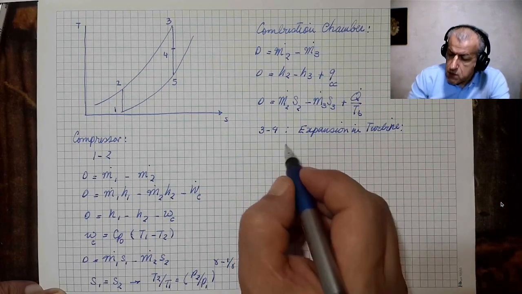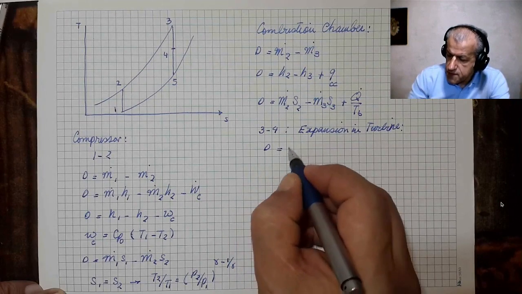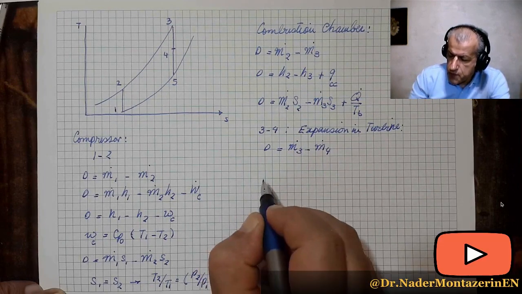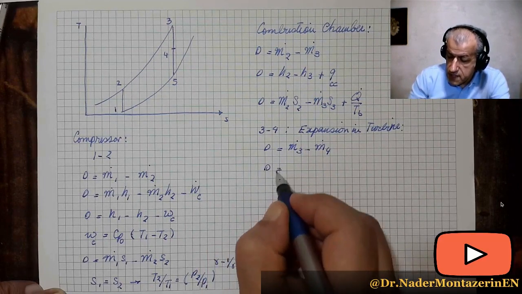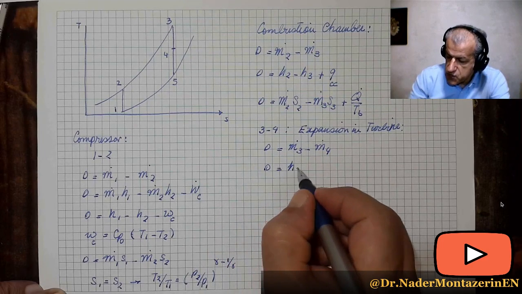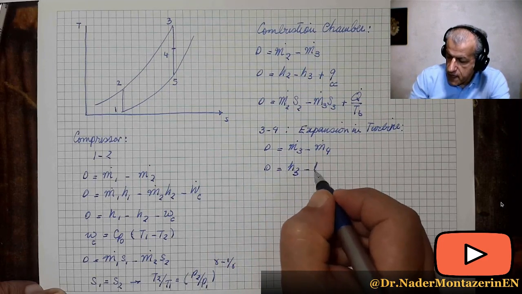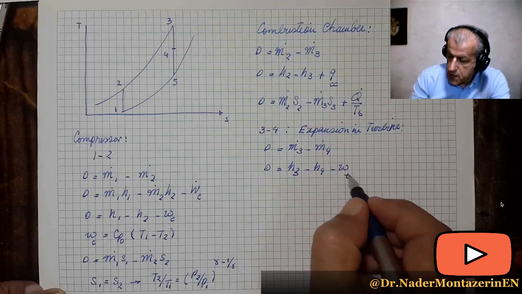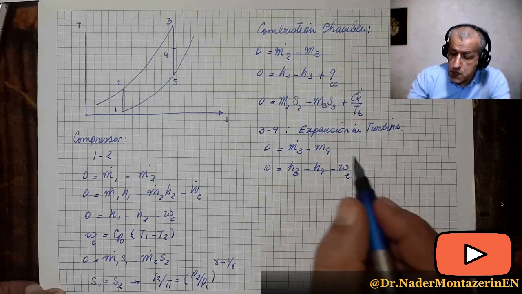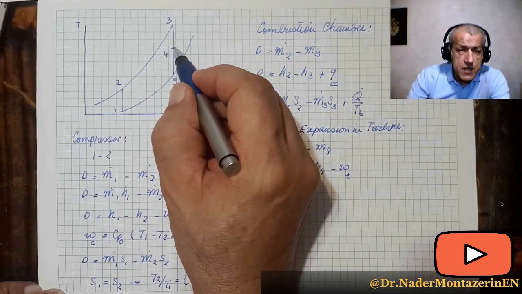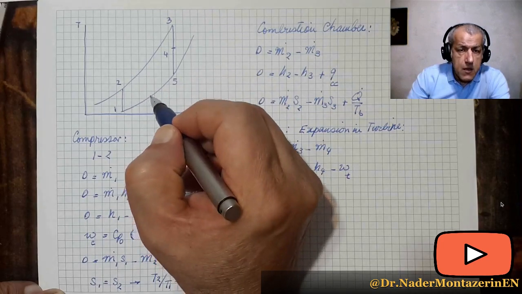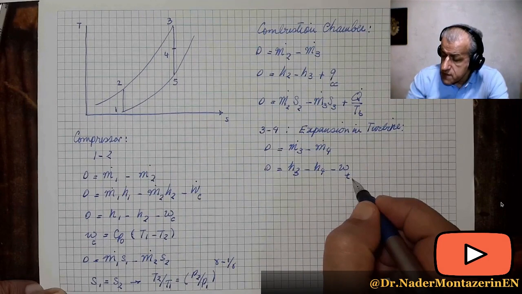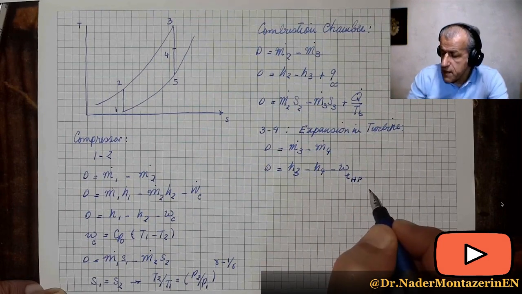For the expansion, still 0 equals m dot 3 minus m dot 4. 0 equals, as for work, h3 minus h4 minus w turbine. We usually call this turbine high pressure and this turbine low pressure for the reason which is obvious. So this is the high pressure turbine.